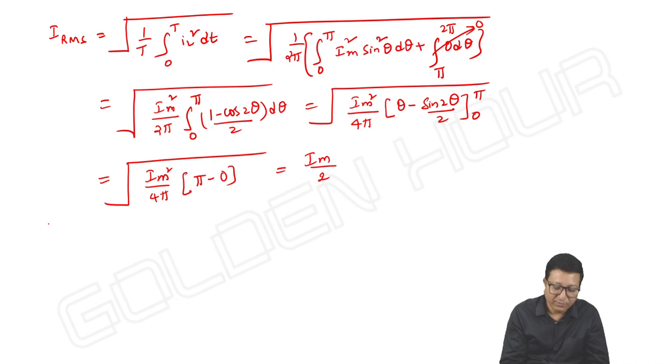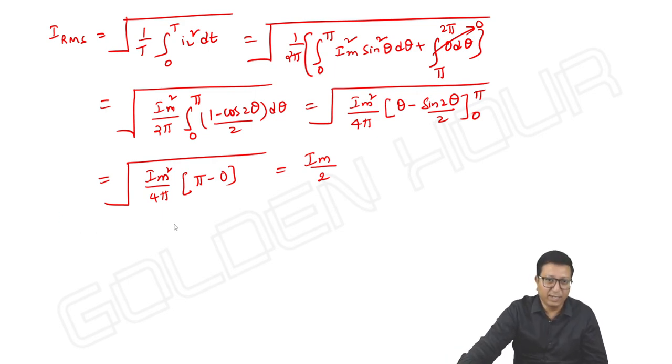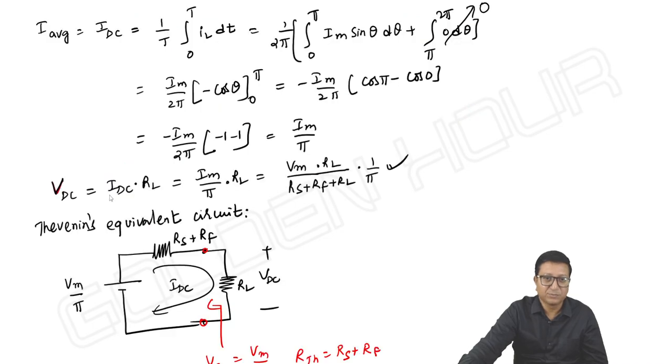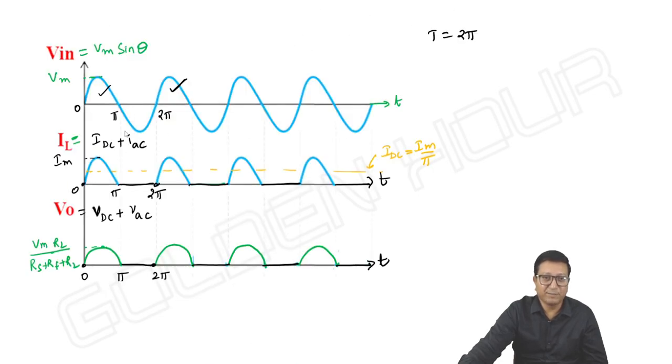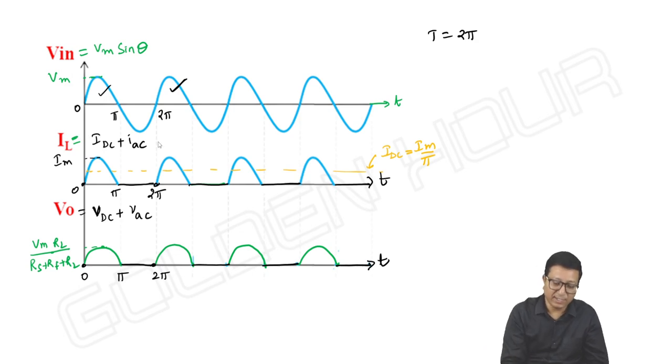Fine. Then once I know the RMS value of the total current and its average value, I can write the RMS value of the AC component. IAC I mentioned, no? IL is a combination of DC and AC. RMS value of IL is known and DC component is known. Then I can write the RMS value of the AC component.